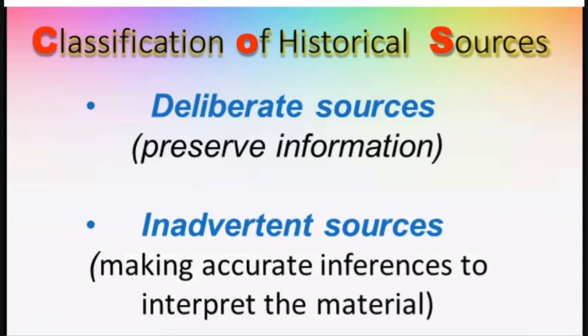Primary and secondary. Deliberate sources is preserving information. In advertent sources is making accurate inferences to interpret the material. So making accurate inferences, like how this thing has happened, right? Accurate inferences based on the data collected. So if you are saying our library has only 100 books in library science when compared to other subjects, how will you make an accurate inference for this?